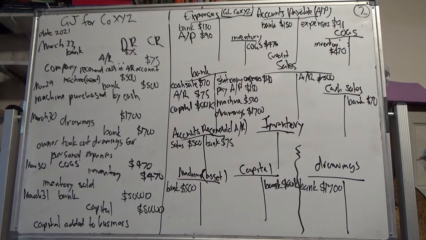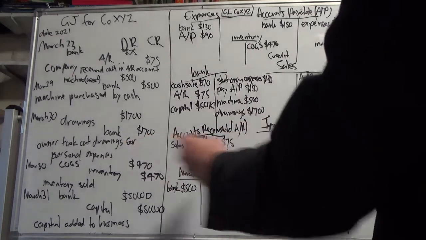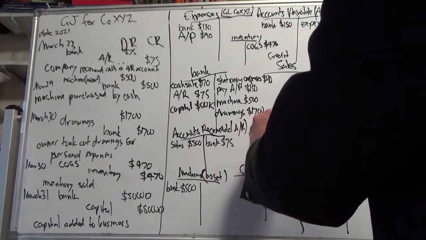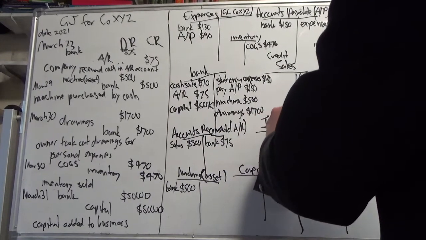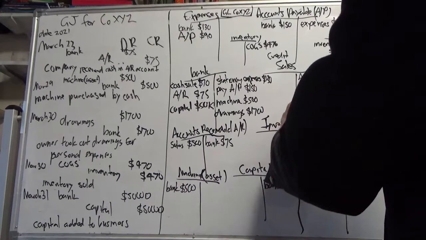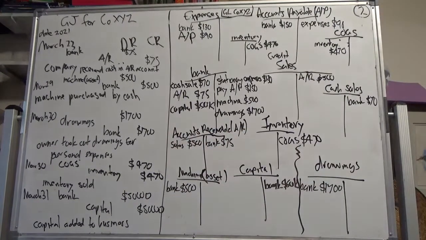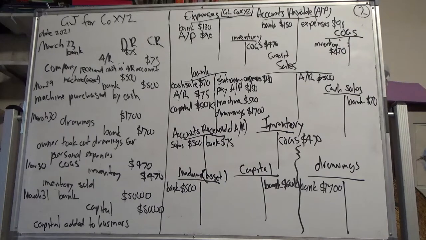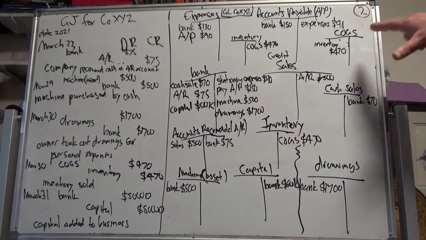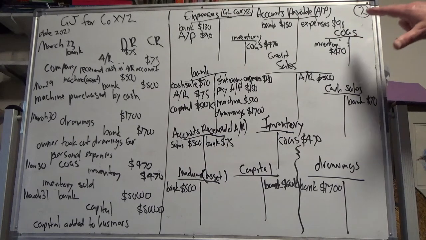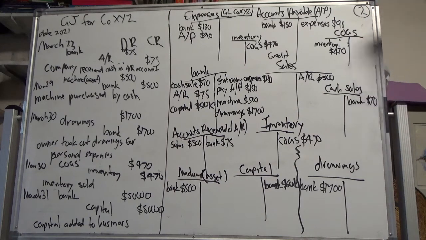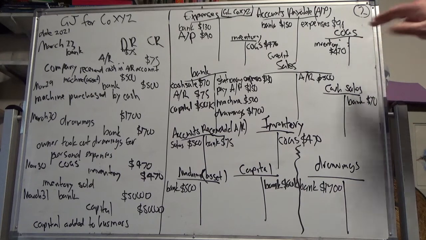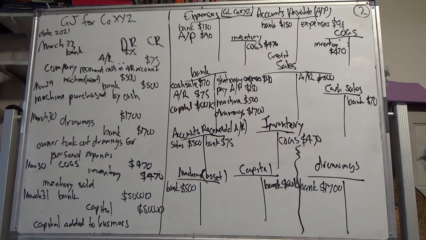Oh, I forgot to post that too. Inventory sold, so COGS 470, yep. And other part of the transaction, you increase COGS, debit 470, label it inventory, that transaction's completed. So yeah, what I'm trying to say to you is COGS is a type of expense in the P&L. It sits below sales. Sales minus COGS equals gross profit. COGS a type of expense, debit item.